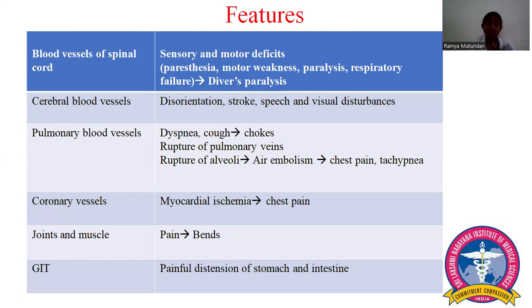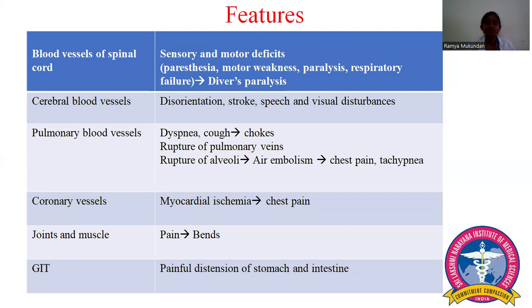First, the blood vessels of the spinal cord. What happens whenever these bubbles reach the blood vessels of the spinal cord? It results in sensory and motor weaknesses, resulting in paresthesia, motor weakness, paralysis, sometimes leading to respiratory failure also.